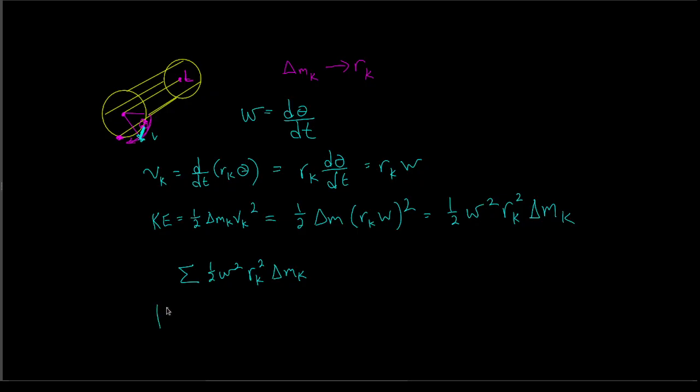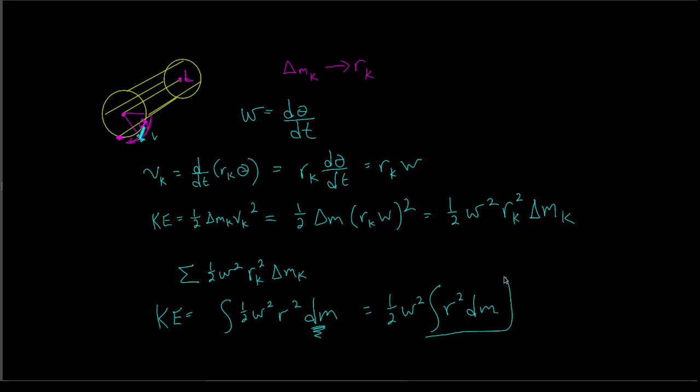So the kinetic energy itself will be the integral of 1/2 omega squared r squared over the infinitesimal mass components, which means we can pull off 1/2 omega squared, and we end up with this r squared dm component.